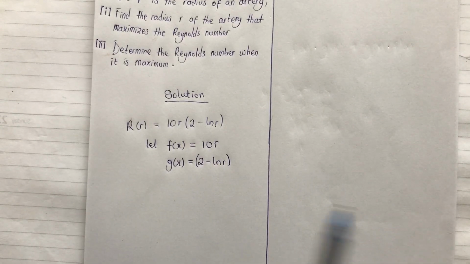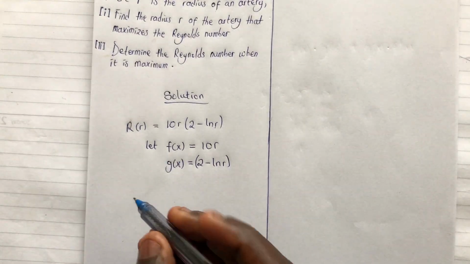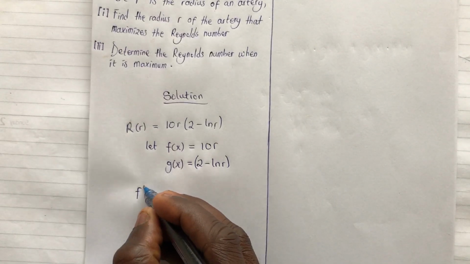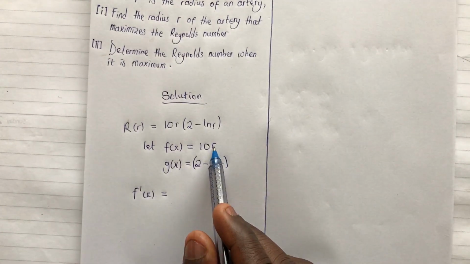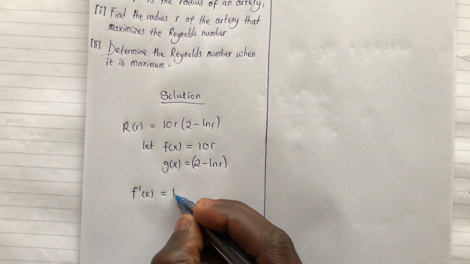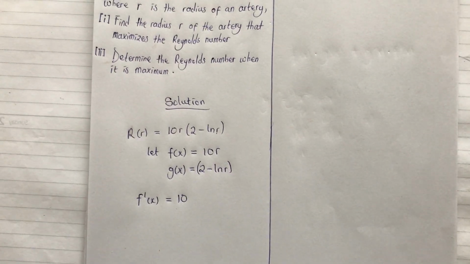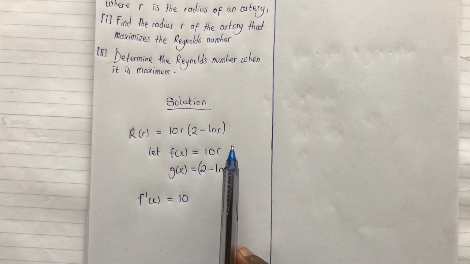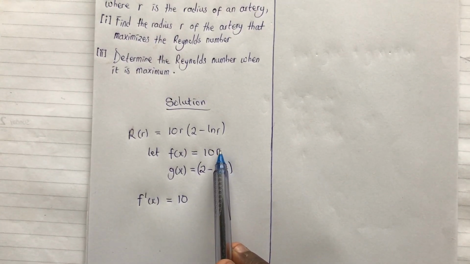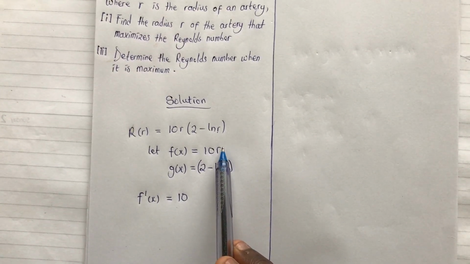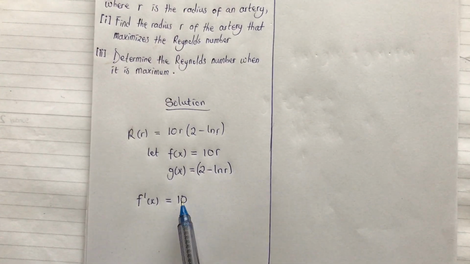So the first thing I'll do is to differentiate f of x. So the differential of f of x, we have f bar of x, will give me what? Now when I differentiate 10r, the result is 10. Why? Now assume that the power that we have here is 1. So we use the power rule. 1 times 10 will give us 10.